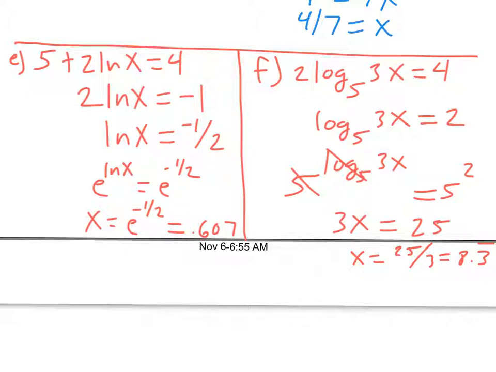So the one extra element that one has is after we did the key step of rewriting it as an exponent that's base 5, we still had to divide by 3. The big difference there, notice that inside the logarithm, we had a 3x. Here we just had an x, so after we rewrote it as an exponent, there was nothing else to do, and this one we did.